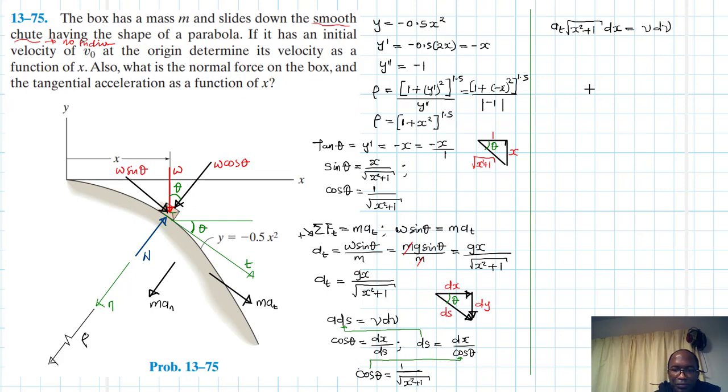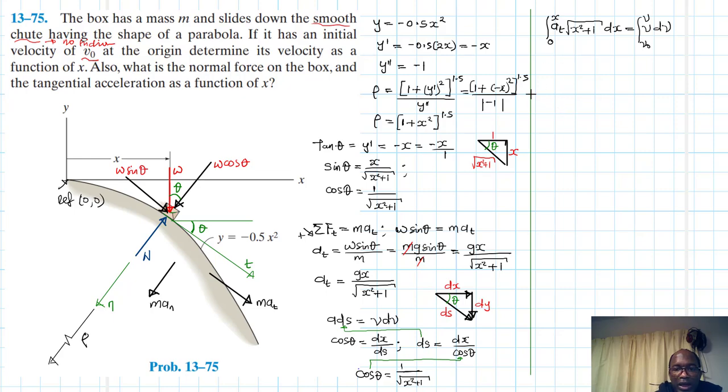So let's integrate this. They told us already that our initial velocity is v naught, therefore here we'll have v naught to v. Then on this side, for our dx, we are assuming this point is our reference, which is 0, 0. So this will be from 0 to x, any value of x.